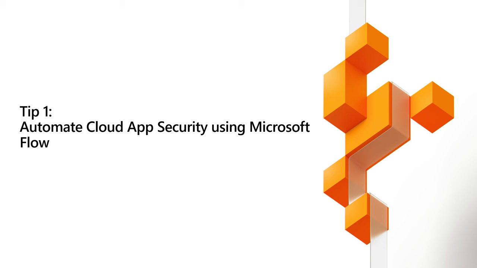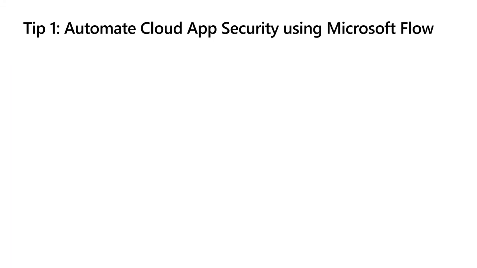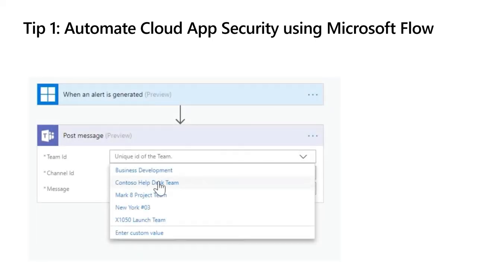Number 1 is you can automate CloudApp Security using Flow. Now, I mentioned Flow yesterday in one of my presentations. If you've not looked at Flow, Flow absolutely rocks. Again, think of it as automate, so you can automate a number of simple steps. But when you use this and integrate it into CloudApp Security, it makes it much more interesting. So again, there are a whole bunch of templates there.